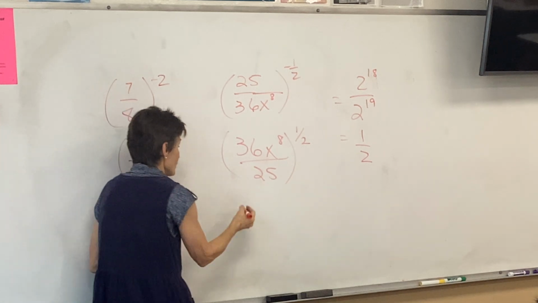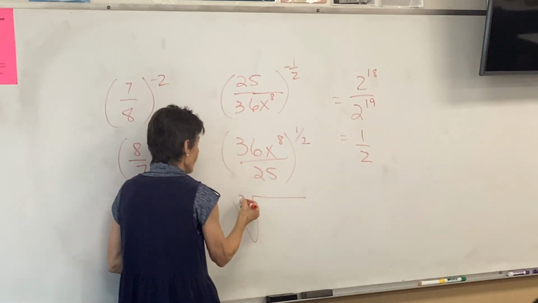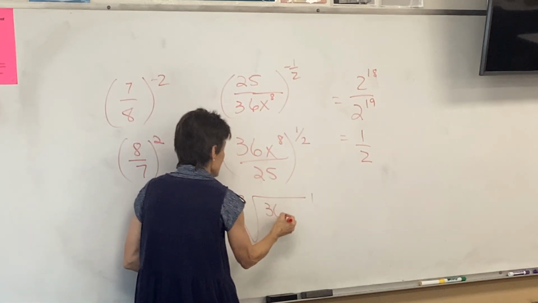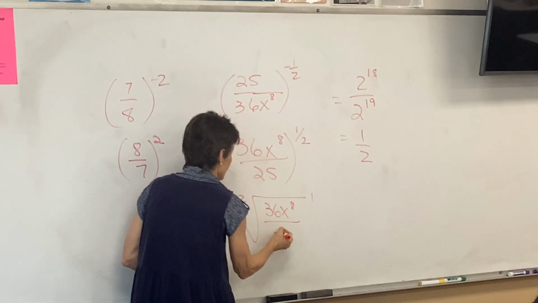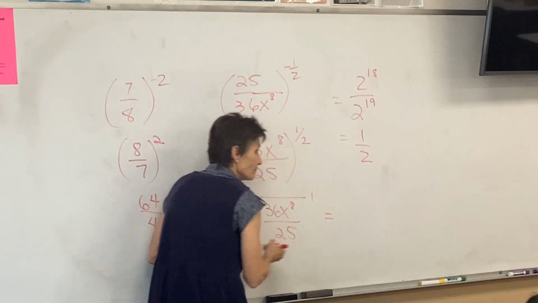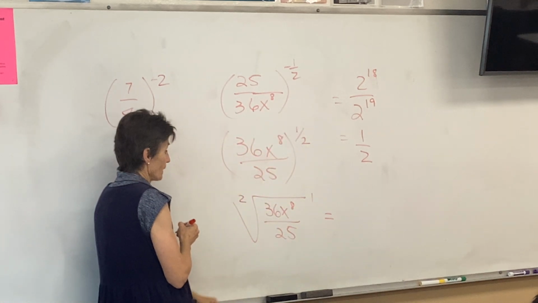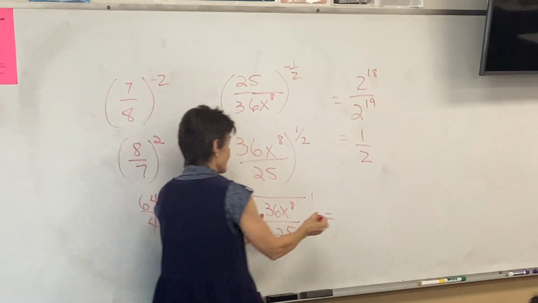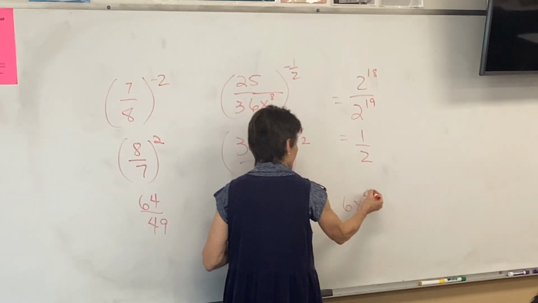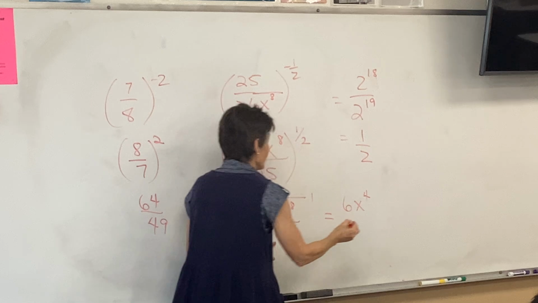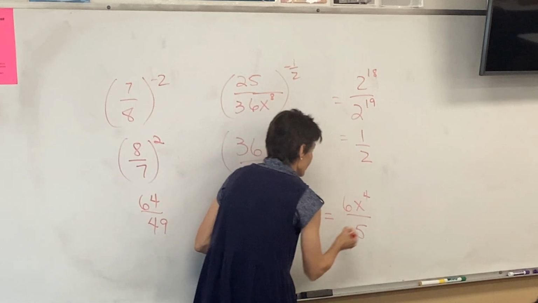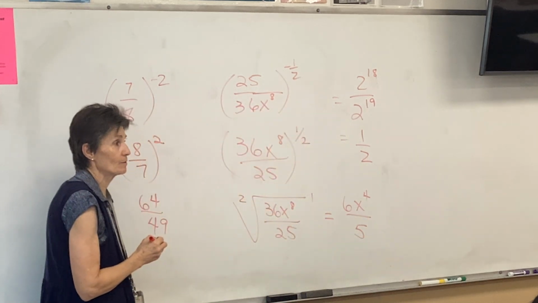Square root. So I'm taking the square root of 36x to the 8 over 25. So that's going to be 6 x to the 4th over 5. And that is your final answer.